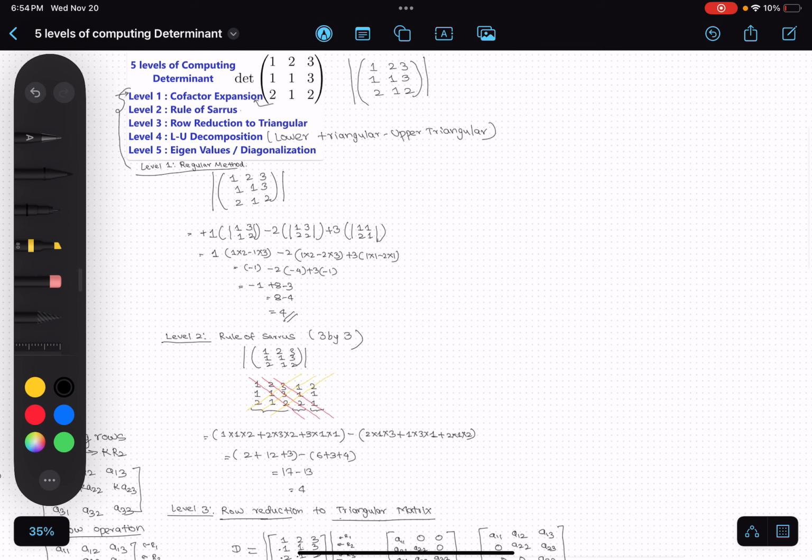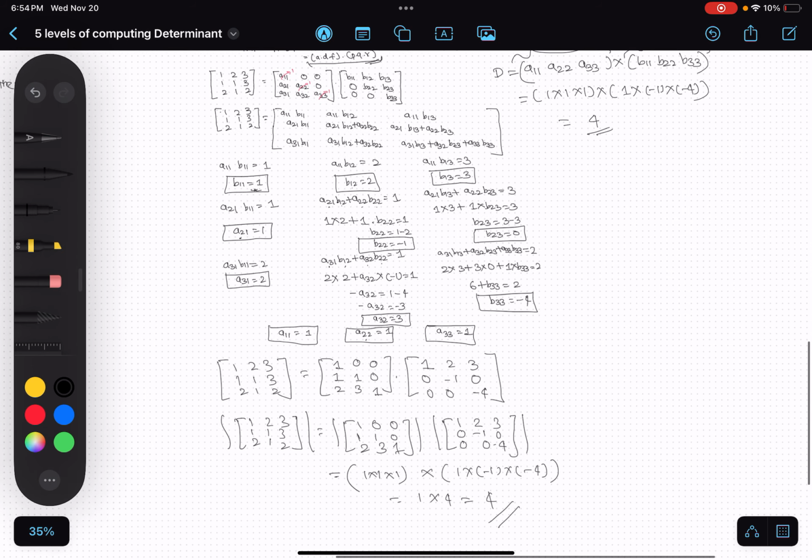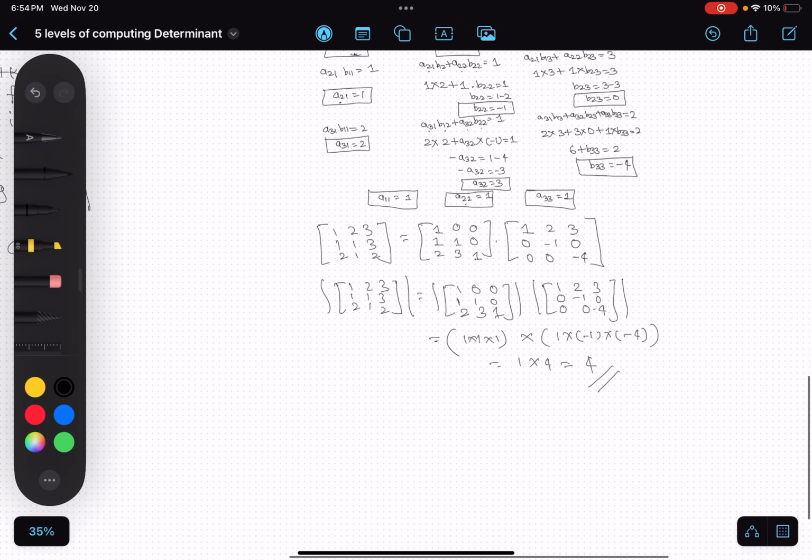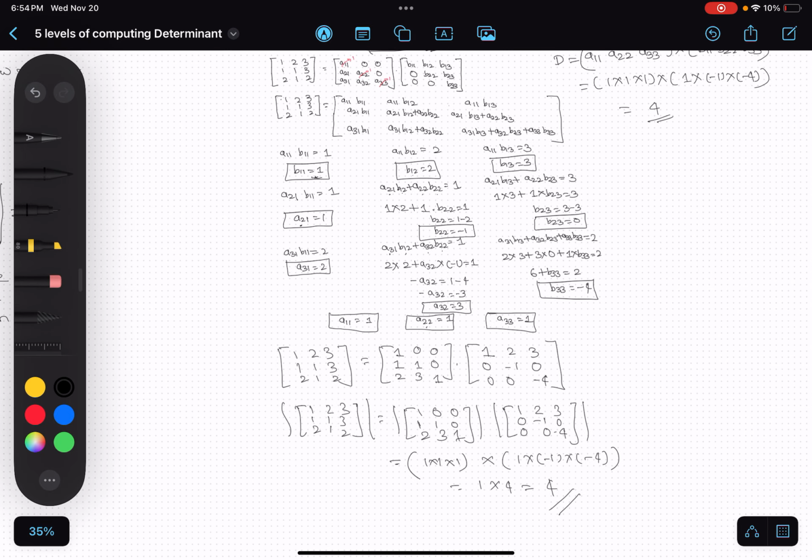Now the last one is a really nice one, eigenvalues and diagonalization. Guys, if you don't know about eigenvalues, I recommend you go to my previous video where I found the cosine of a matrix. In that, I really explained what eigenvalues and eigenvectors are from the very basics.